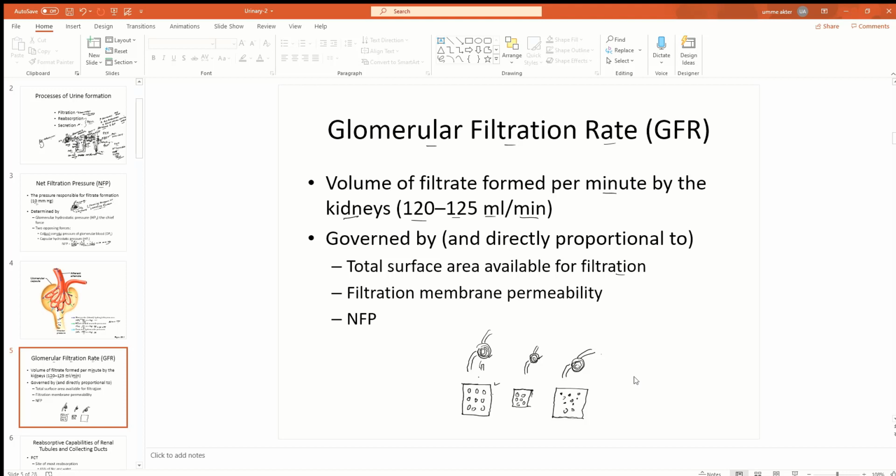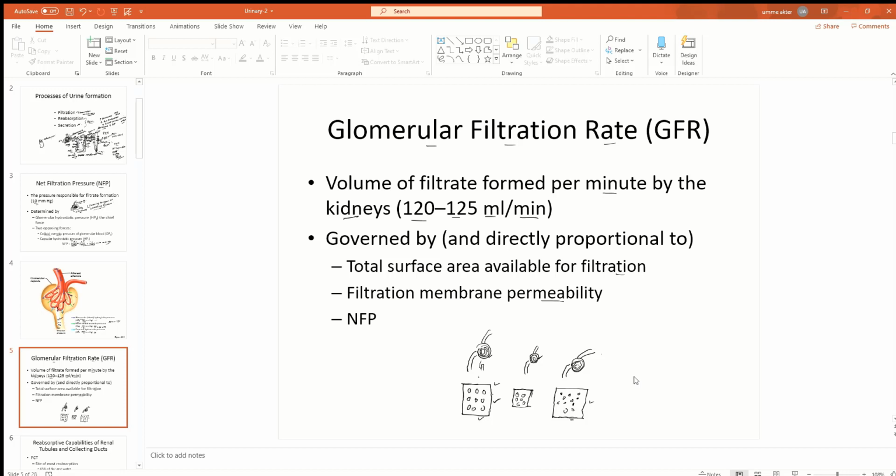So although the surface area is the same, the quality of this membrane is not good because of diseases. The pores got blocked or closed. Okay, changes have occurred in the wall of the capillary. And in this case, this kidney will not be able to filter properly. So this is another thing, the permeability, right?